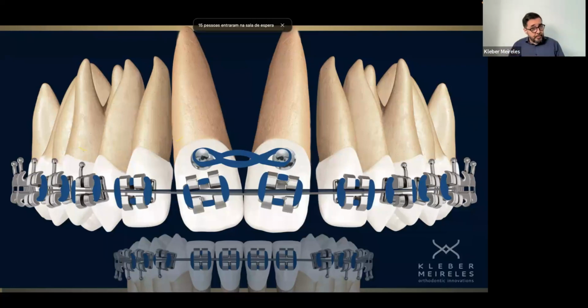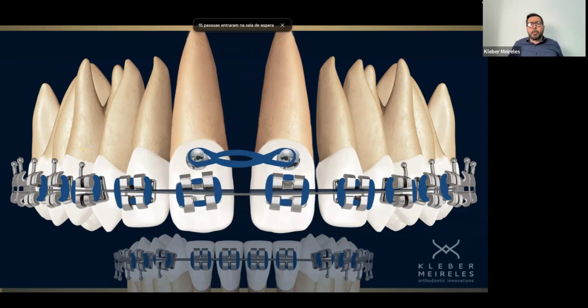Of course, if I have a thicker arch wire, I'm also generating more friction to the system. And sometimes I'll delay my treatment because of the friction, okay? So let's try to reach another type of movement.